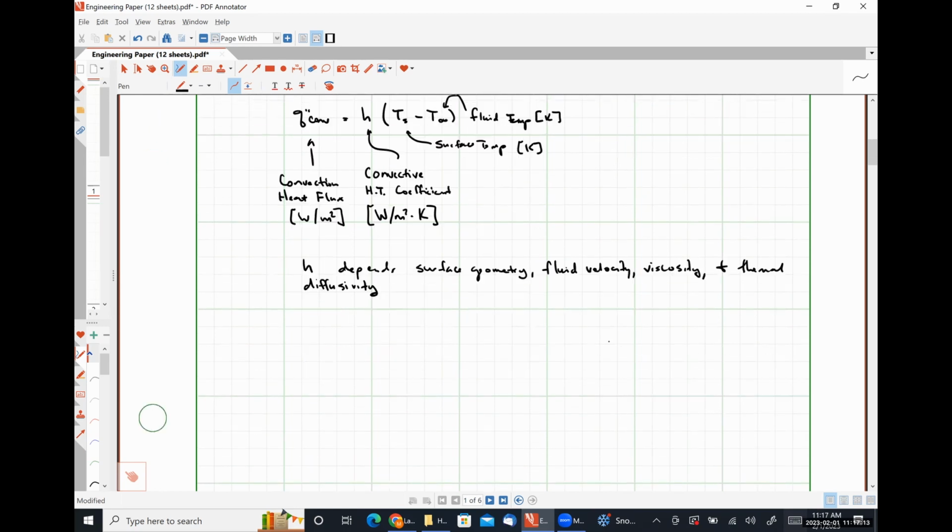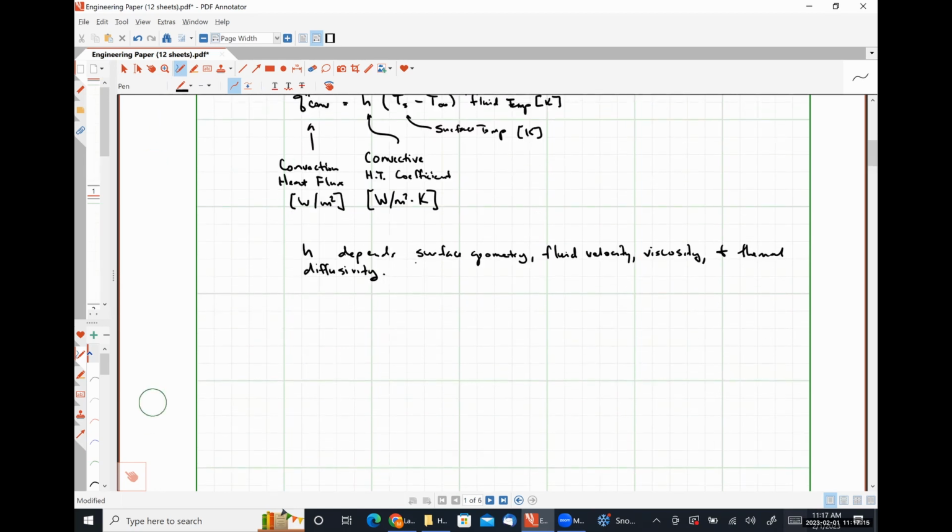In general, we can give you ranges of appropriate values of H for different conditions. Okay. So I'm making a simple table here.